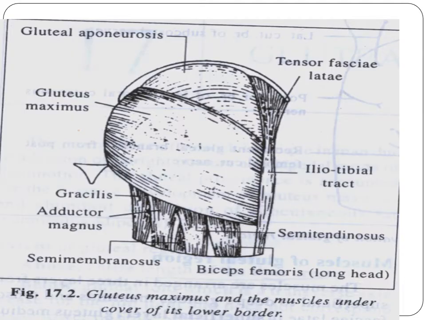Now I will take the muscle distribution of the gluteal region. You see, these are the tensor fascia lata and iliotibial tract. So fibers from the tensor fascia lata and gluteus maximus muscle, both join to form the iliotibial tract. The muscles deep to the gluteus maximus are all hamstring muscles.